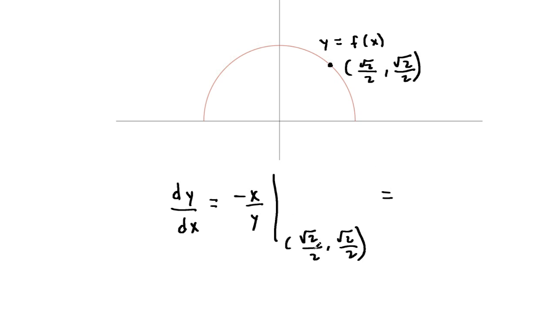If we plug in this value for x and this value for y, we get this. And this cancels out, so we get minus 1. So the derivative of y with respect to x is minus 1 at this point.